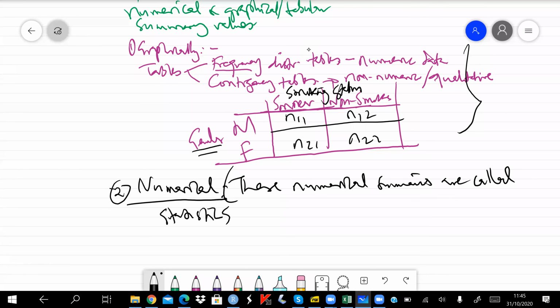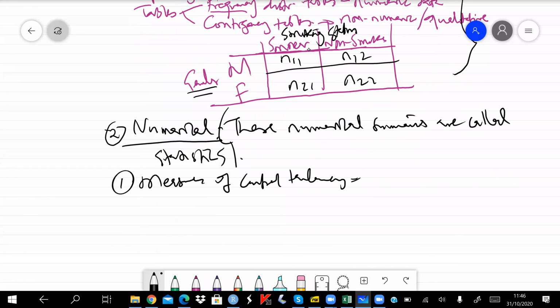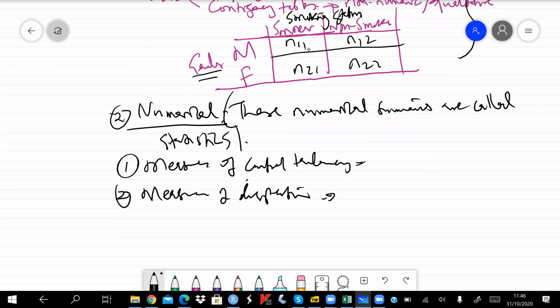This is where you find things like measures of central tendency, things like the mean, the median, the mode, and so on. Then we have measures of dispersion, the most important of them being the standard deviation. There are others like the quartile deviation, the range, and so on and so forth.